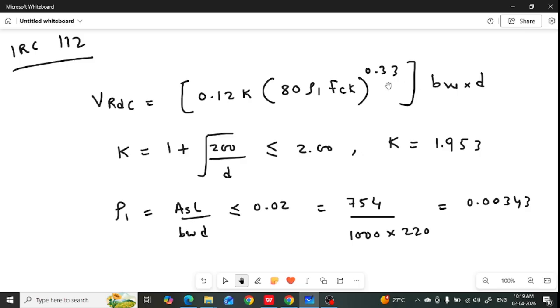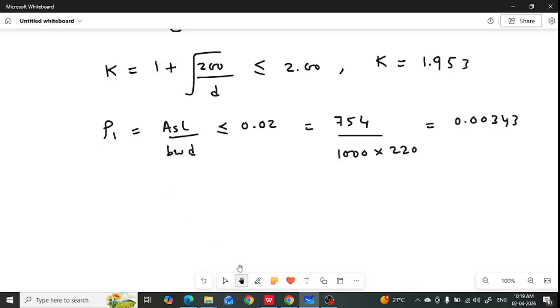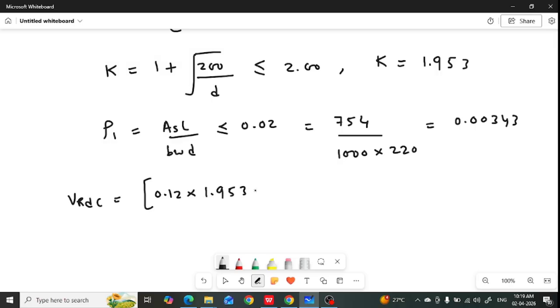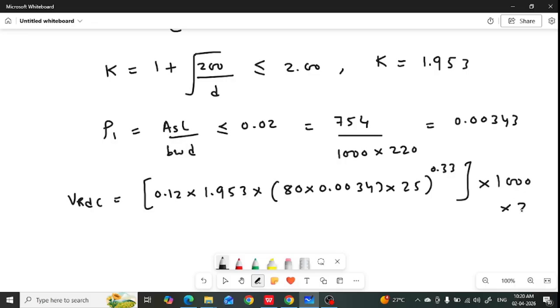VRDC is the capacity of the section to resist the shear. You can substitute here. Put VRDC equal to 0.12 into 1.953 into 80 into rho, which is 0.00343, into FCK, that is 25, raised to 0.33 bracket closed, into BW, that is 1000, into D, which is 220.